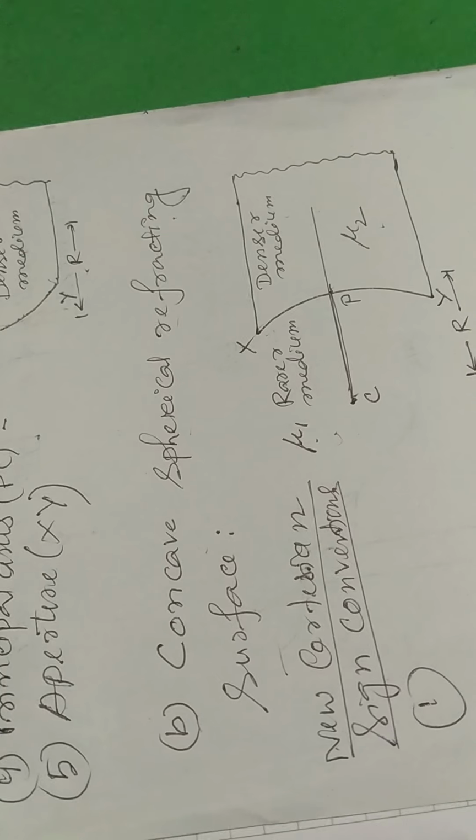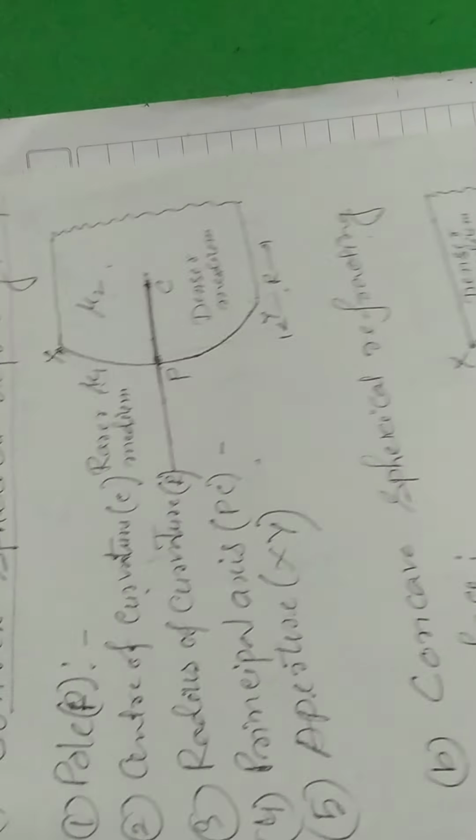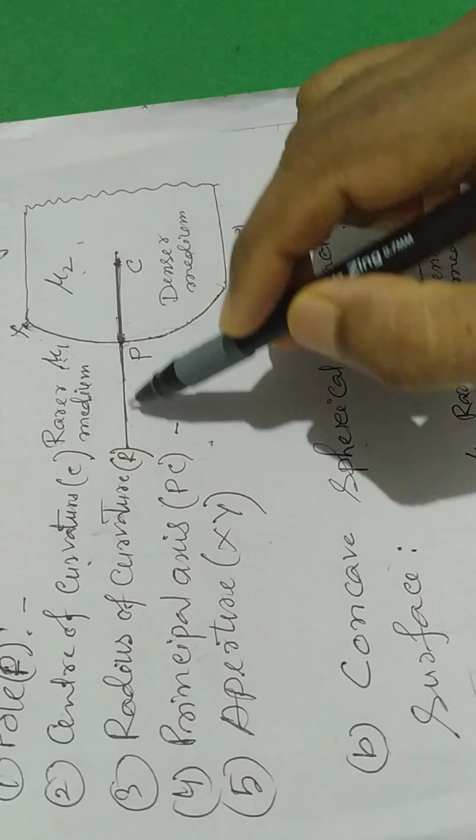So according to the sign convention, all distances are measured from pole. If you see the diagram, this is the pole, this is the pole. So all distances are measured from pole.